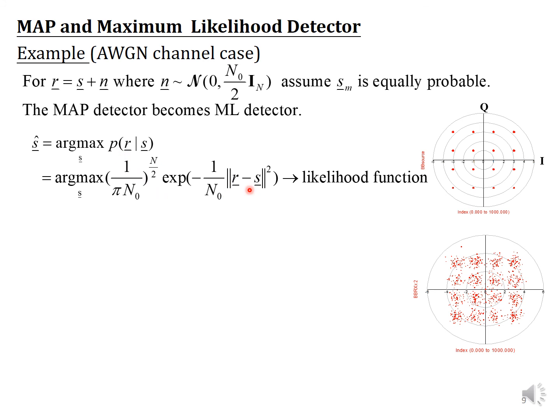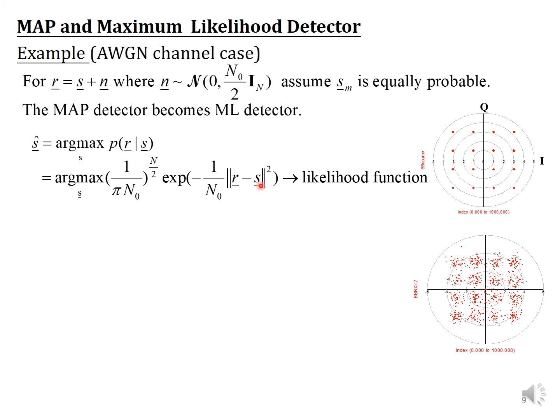The probability distribution of the received signal is a Gaussian distribution with mean value that depends on which symbol source is transmitted.